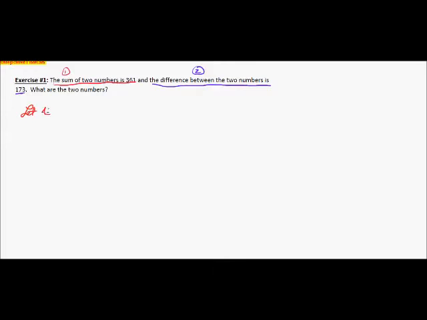Okay, so I'm going to say let x equal one number, and y is going to be the other number. So I'm going to use x and y to stand for my two numbers.